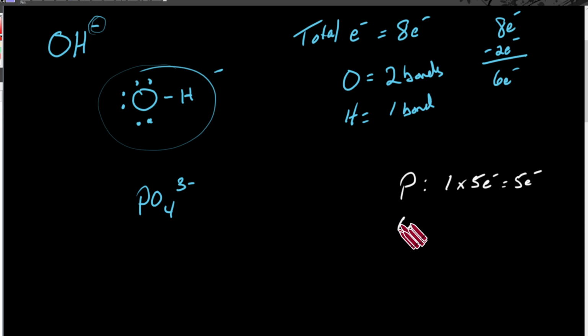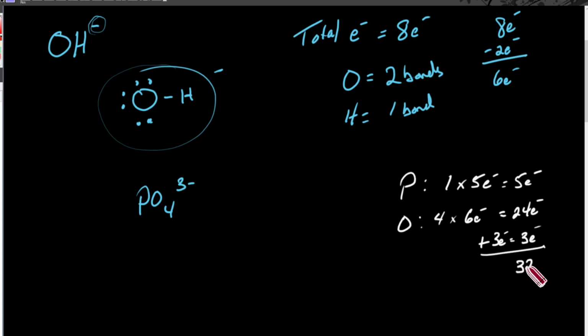We have 4 oxygens, plus 3 extra charge electrons. And that gives us a total of 32 electrons.